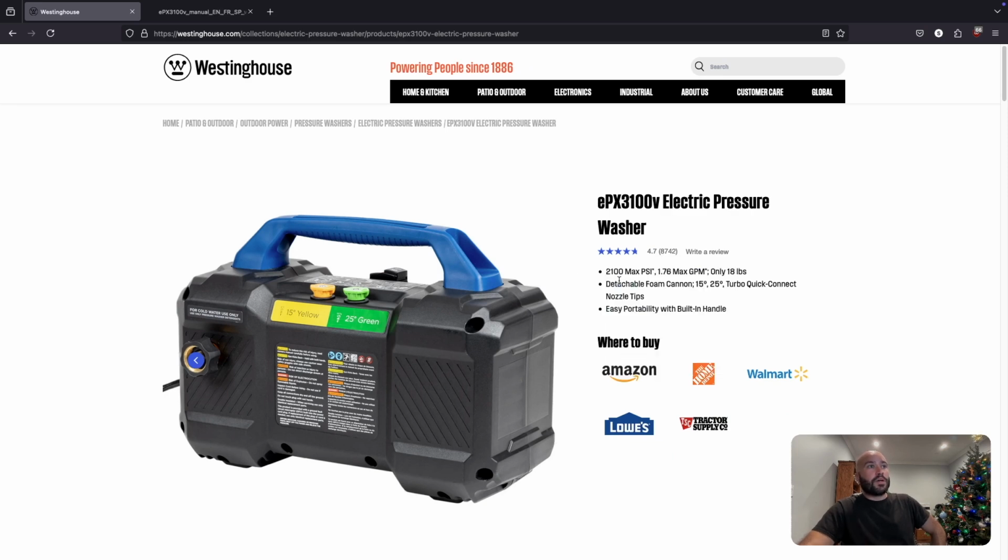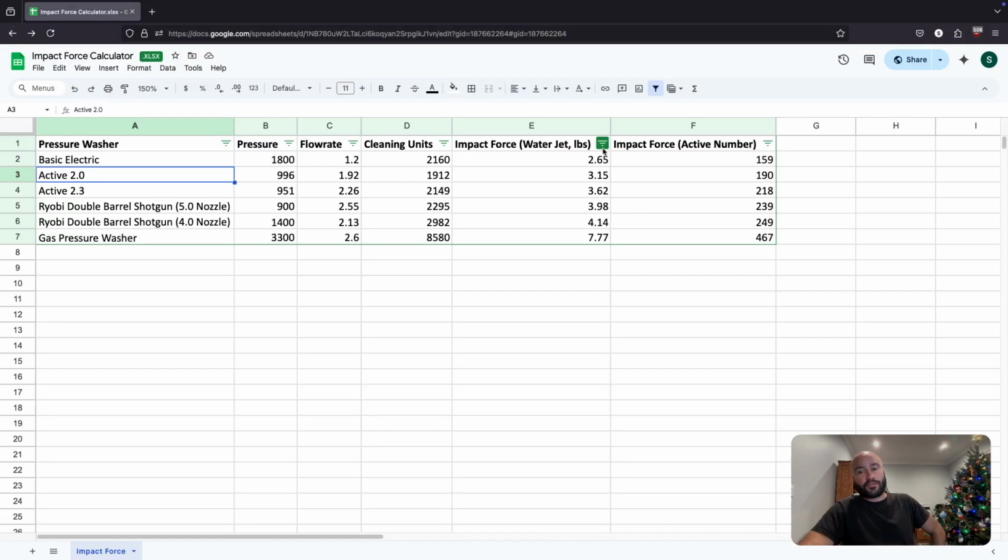All right. Once you find the right numbers, you can plug them into that formula. You can find the impact force that way. So I hope this helps. Pressure and flow rate are very related in how they work with pressure washers. It's always going to be a trade off because they have to stay under a certain power limit. So you can't have both.